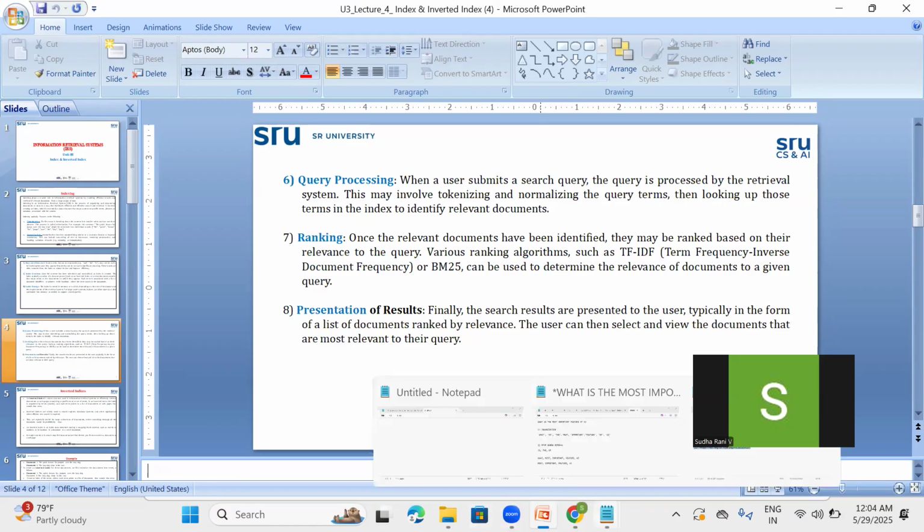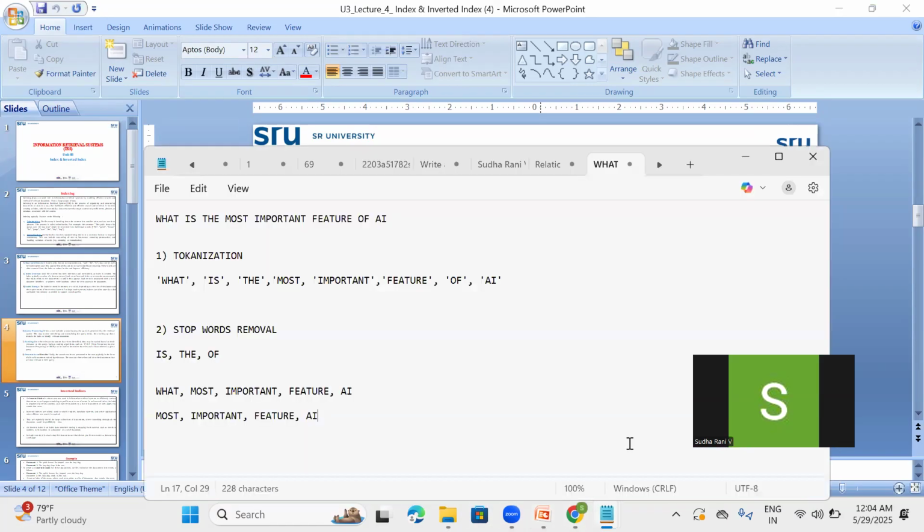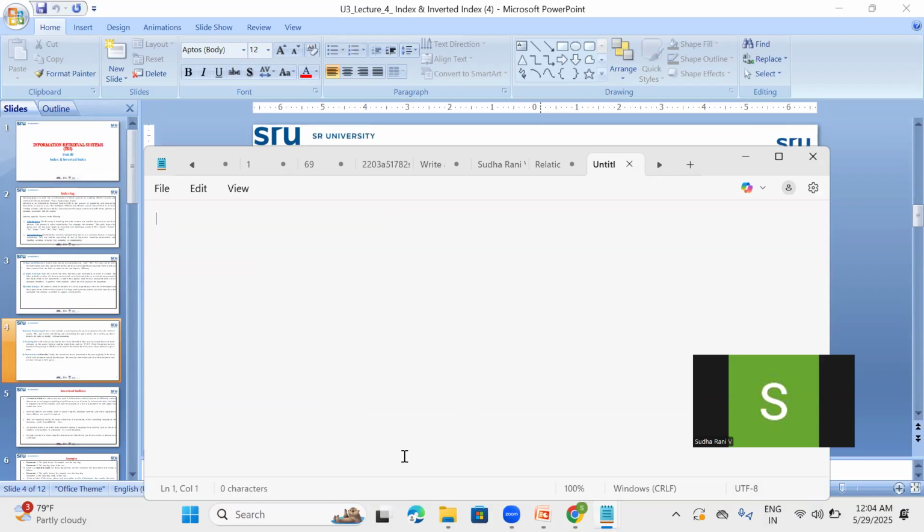So another one is the ranking system. Let's take another example and check what a ranking system is. We'll take one live example. The cat sat on the wall. This is the first sentence.